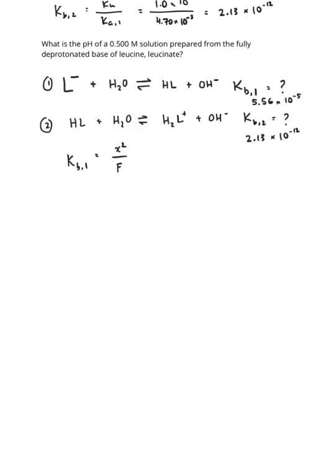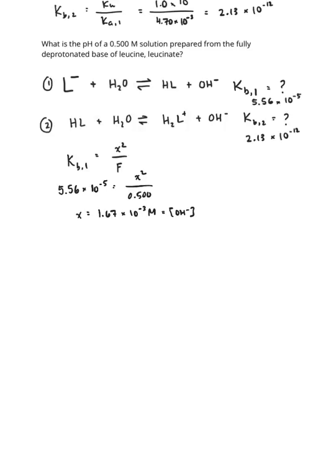Solve for x. 5.56 times 10 to the minus 5 is equal to x squared over 0.5, in a 0.5 molar solution of leucinate. X is equal to 1.67 times 10 to the minus 3 molar by approximation.